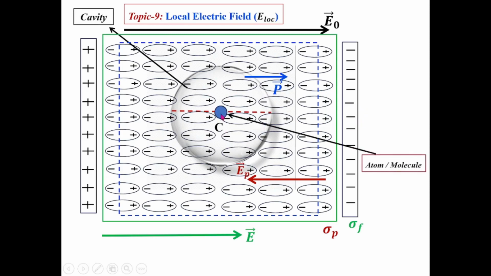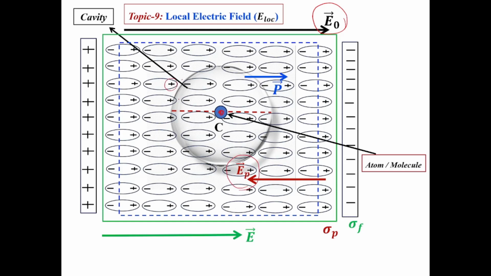Now from the figure it can be seen that this atom or molecule is influenced by the applied electric field E naught, the depolarization field EP, and the charges induced on the surface of this cavity.